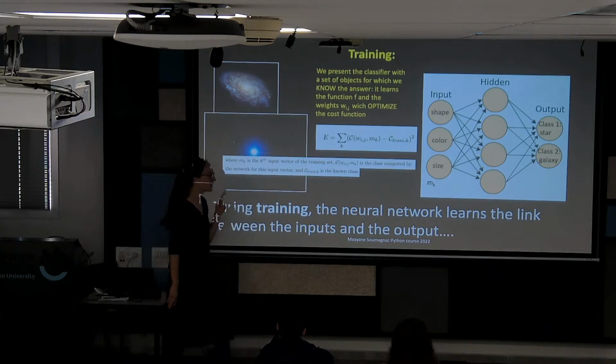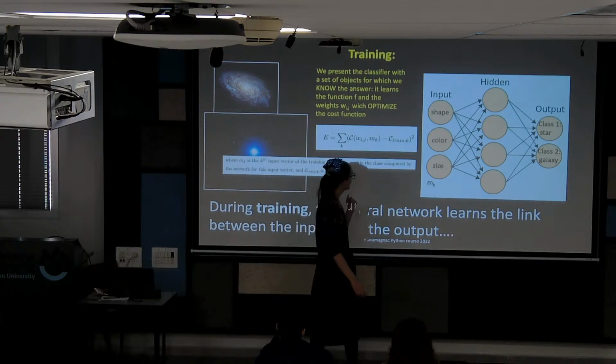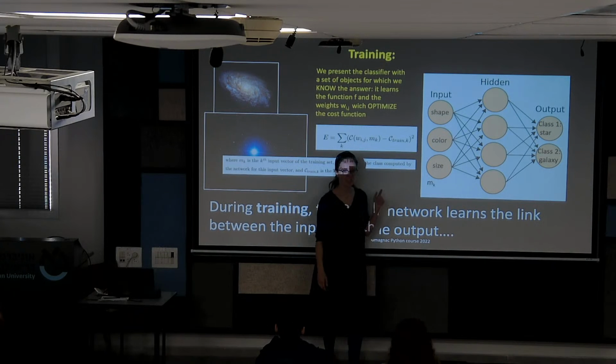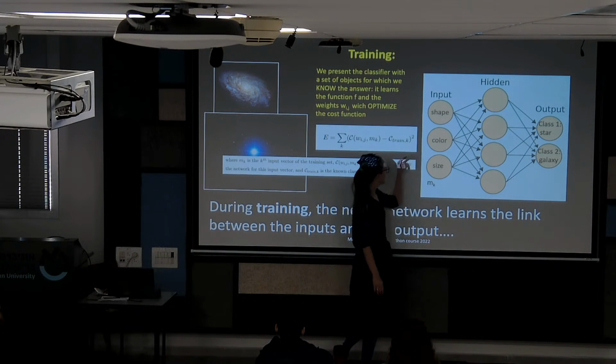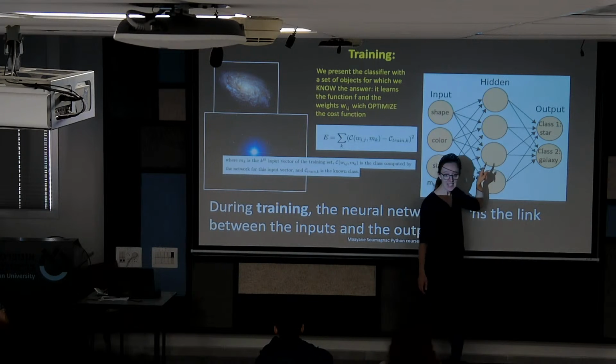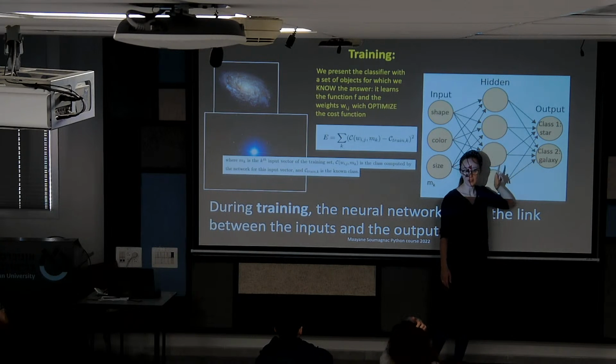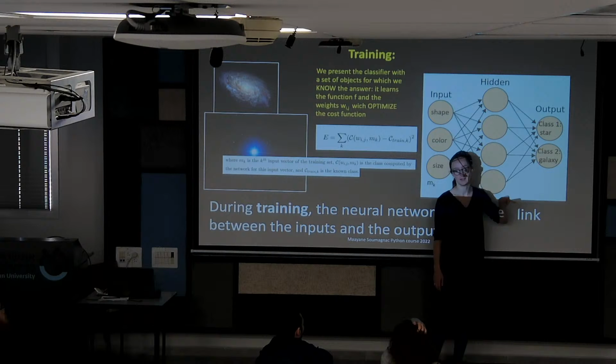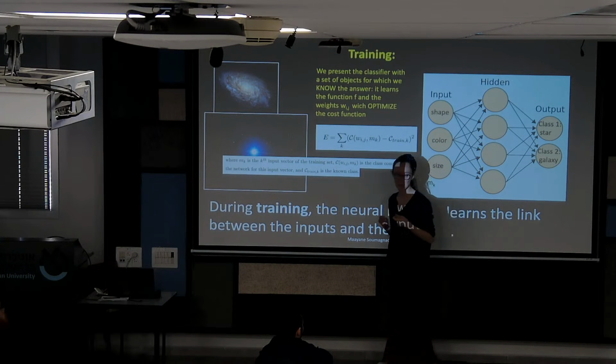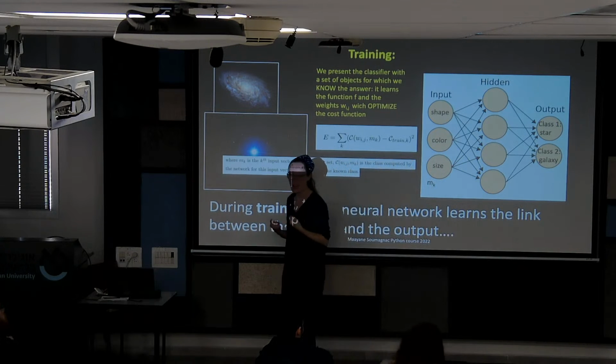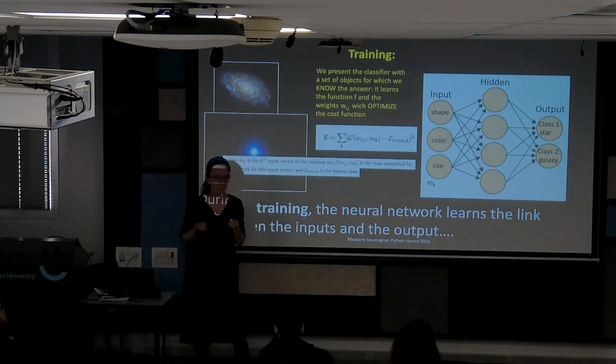I'm going to give them to the network, with the size, the color, the shape, all the parameters which I think are relevant. And I will tell it, in this case, you need to reach the answer that this is a star. The training process means that I, as a user, am teaching the machine what the output is in some specific cases.